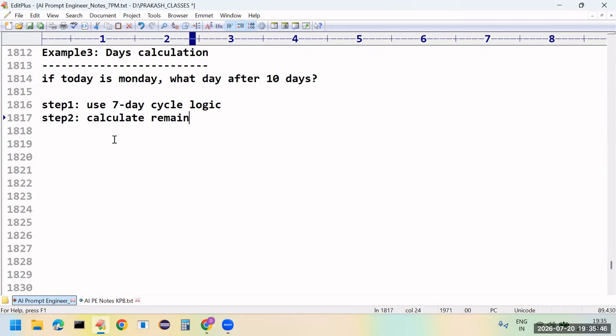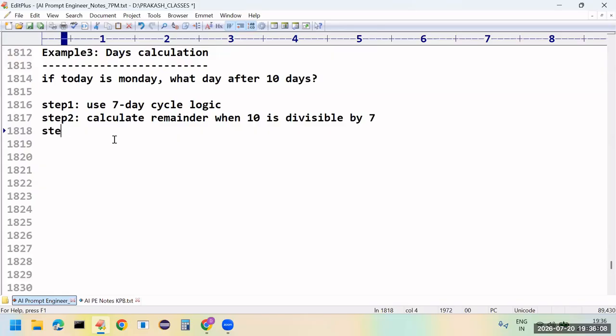Sir, after that, step 2 is to calculate the remainder when 10 is divided by 7. Can you please divide 10 by 7? How much remainder are you going to get? Maybe 3, right? Now what you have to do?